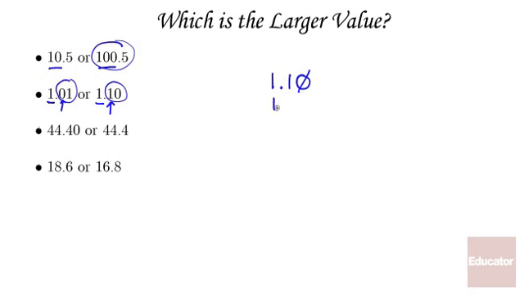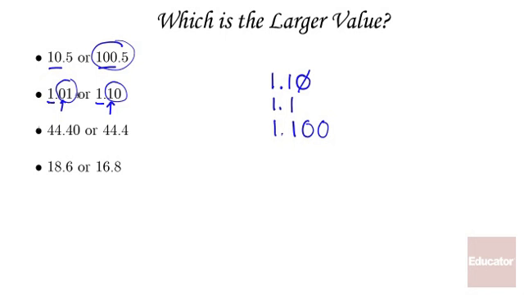So this can be the same thing as 1.1, or it could be the same thing as 1.100, or I can even add 10 zeros behind it, and it would still be the same value, okay? So as long as it goes after my decimal point, at the very end of the number, then all those zeros don't mean anything.